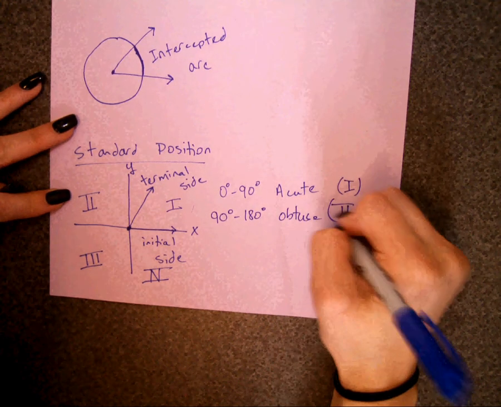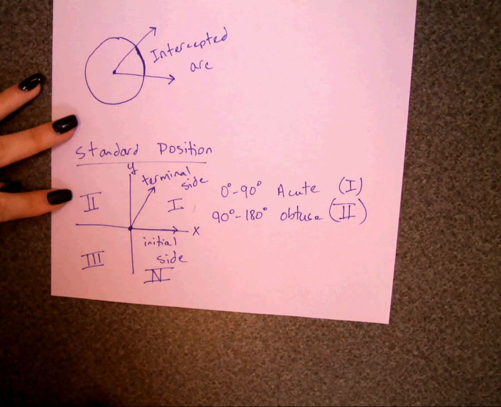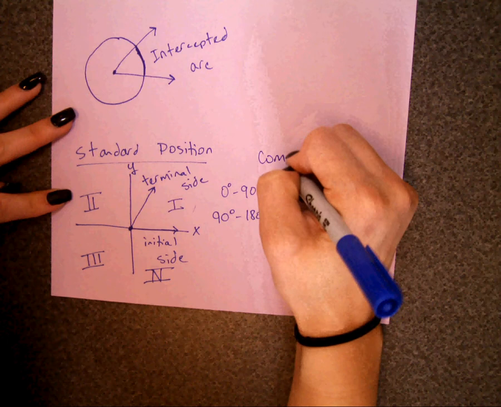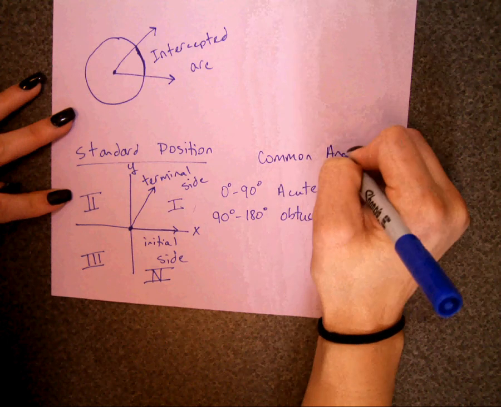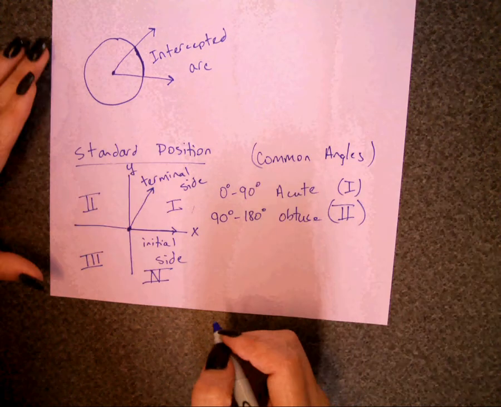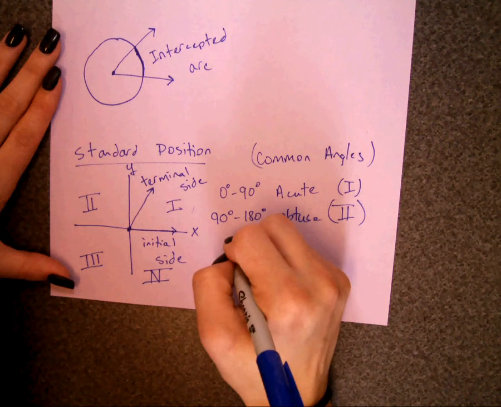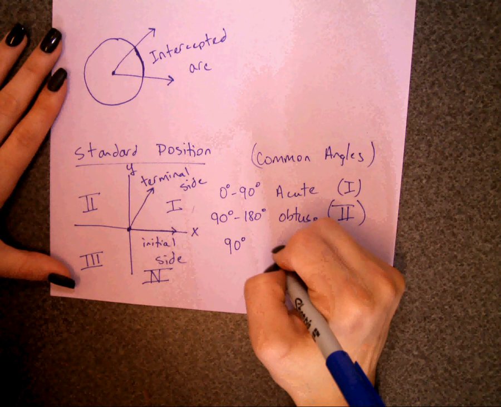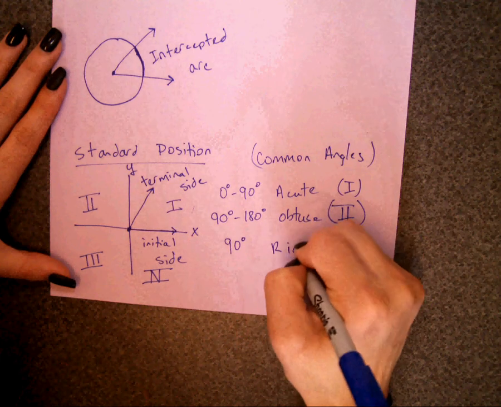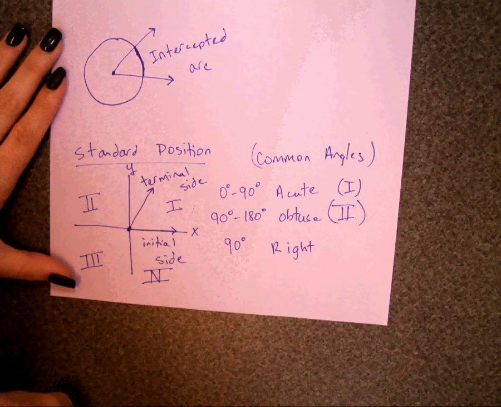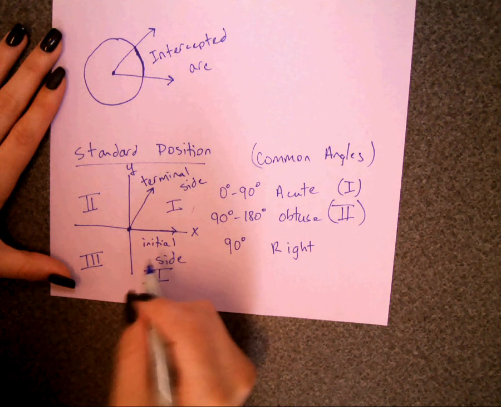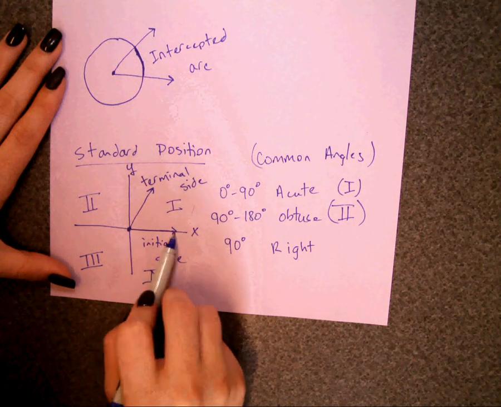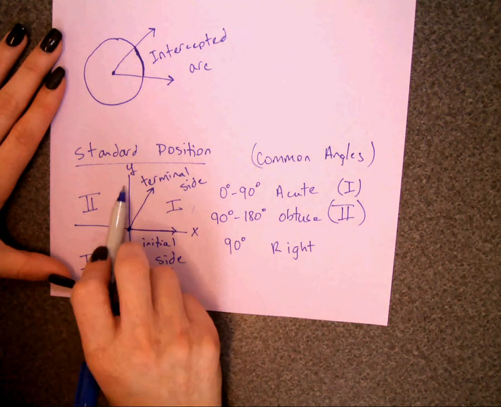So just looking at common angles we'll see this semester. A third is an angle that's equal to exactly 90 degrees. An angle that is exactly 90 degrees is a right angle, and it's an angle that has its initial side obviously on the positive x-axis and its terminal side on the positive y-axis.